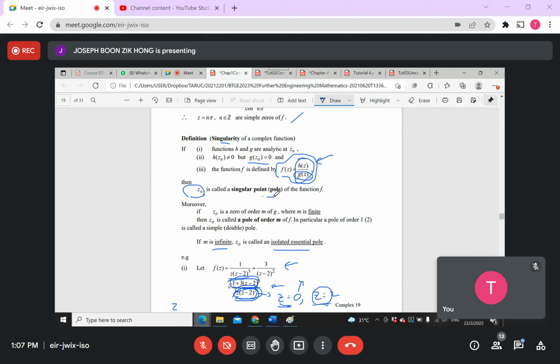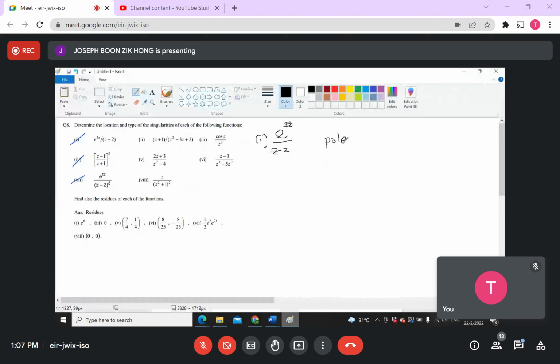For the first one, e^(3z) divided by z minus 2. Very clear, the pole should be, and this is a simple pole, at z equal to 2.